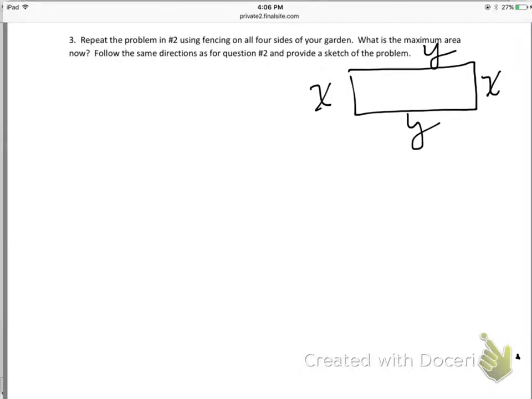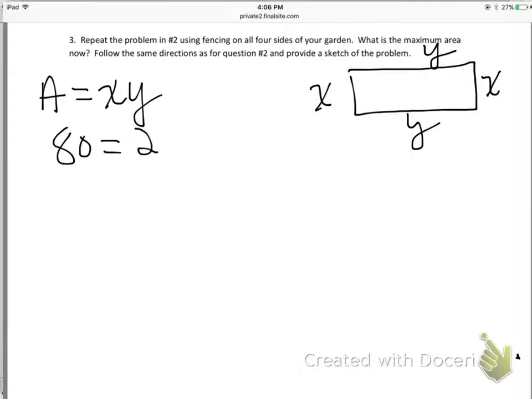Okay, so my objective function is still xy, the area. My constraint is now that I'm going to use those 80 feet of fencing and spread it over what? 80 will equal x plus x plus y plus y, the entire perimeter.